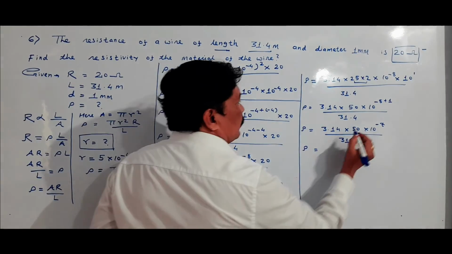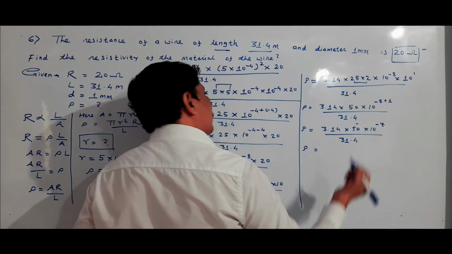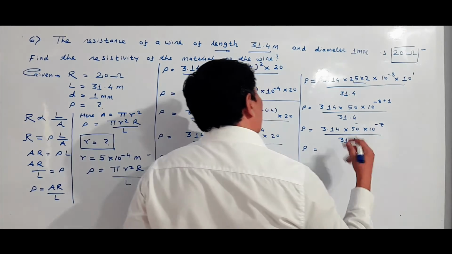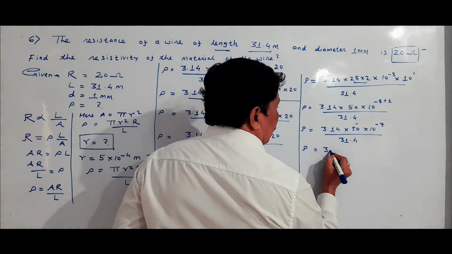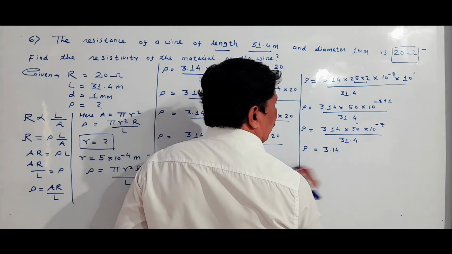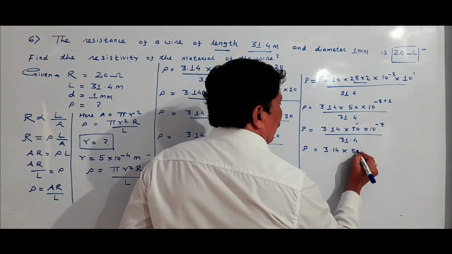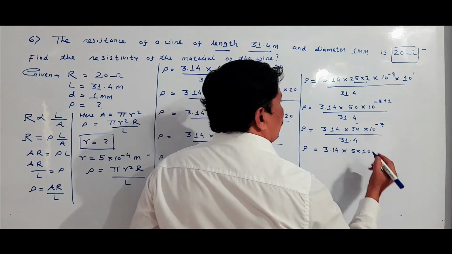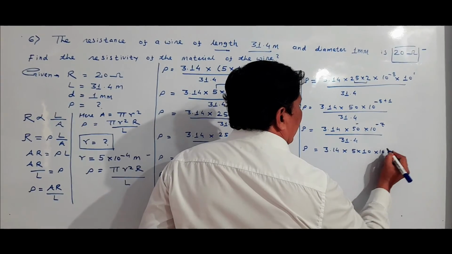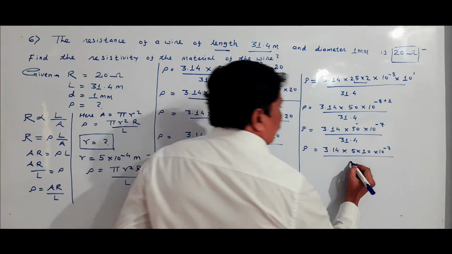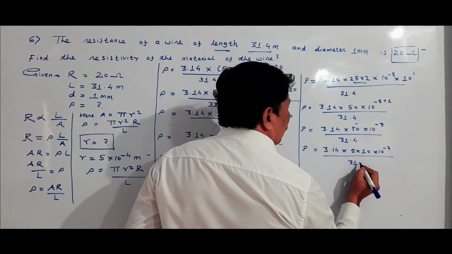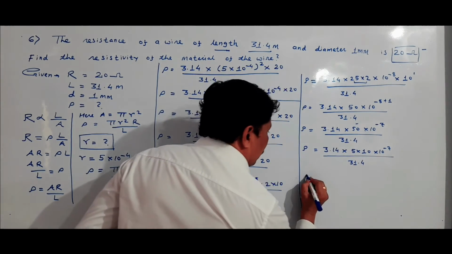Resistivity of a material, this again we will convert into the form of 10. 3.14 into 5 into 10 into 10 to the power minus 7 upon 31.4.